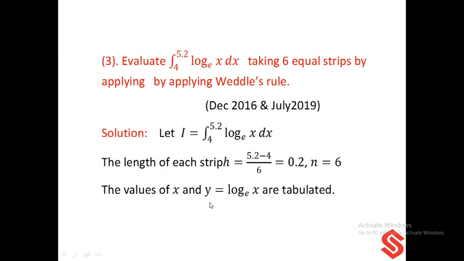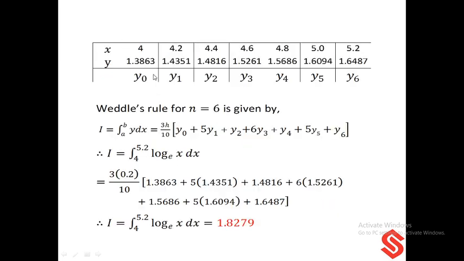The values of x and y is equal to log x to base e are tabulated. We get these values. So x takes the values 4, 4.2, 4.4, 4.6, 4.8, 5.0, 5.2.